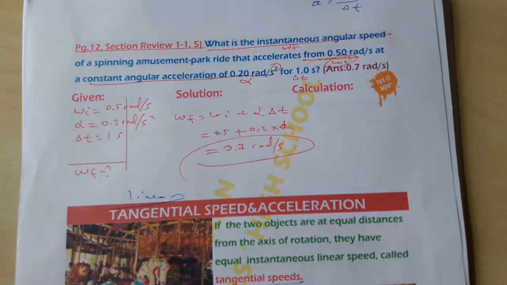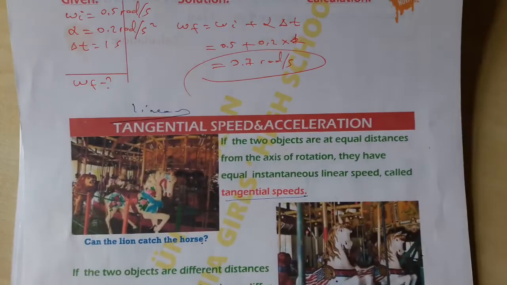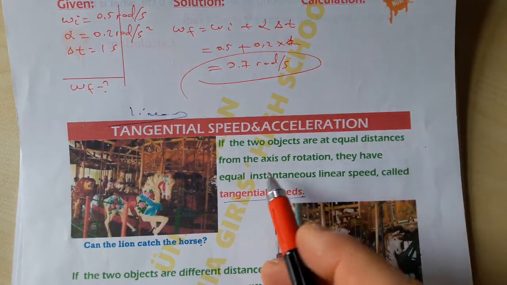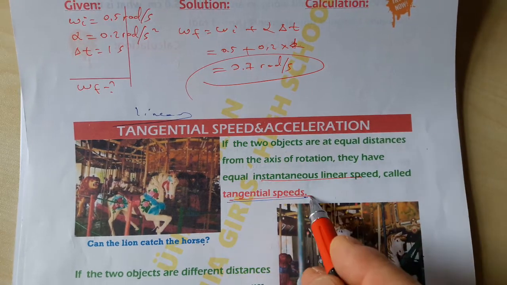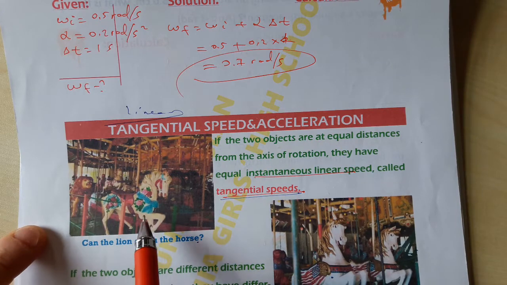So now we are going to define tangential speed and acceleration. If two objects are at equal distances from the axis of rotation, they have equal instantaneous linear speed, called tangential speed. Here is a good example.